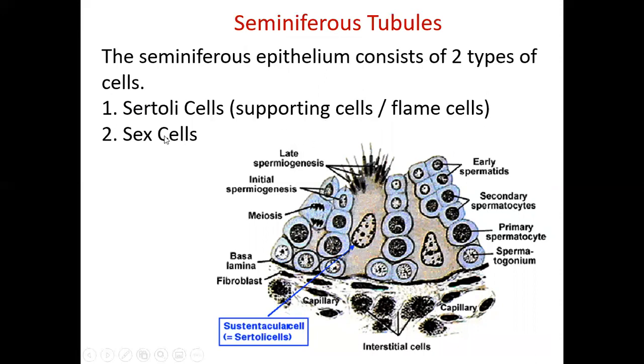And the other cell type present inside the seminiferous tubule is the sex cell. From this picture, this is the Sertoli cell, or sustentacular cell, same thing. And this is the different stages of the sex cell. We're going to discuss further later.